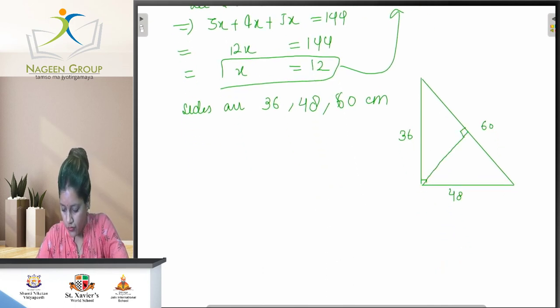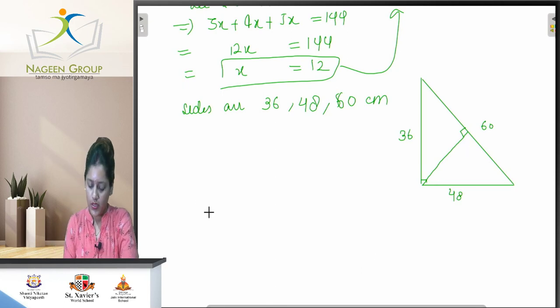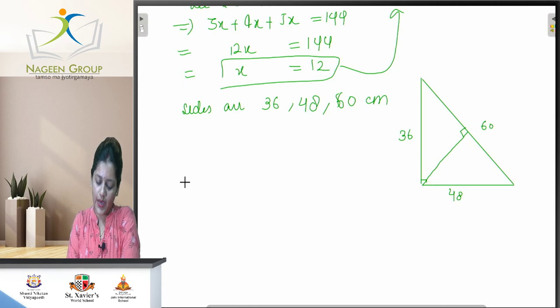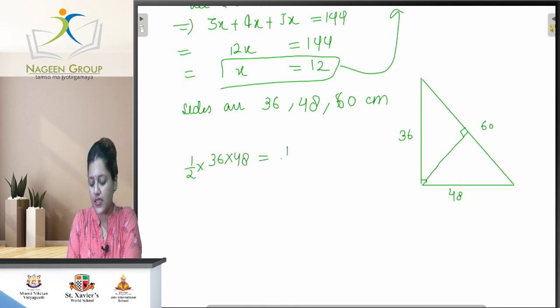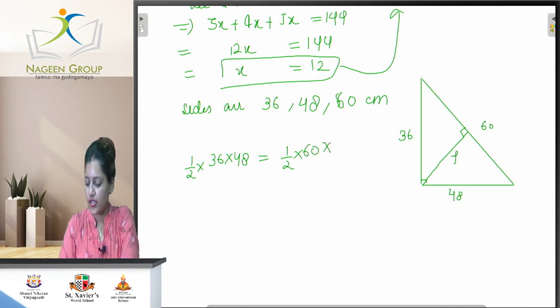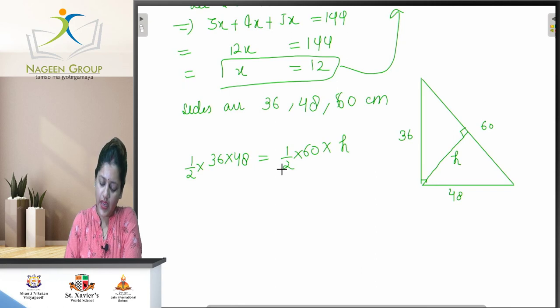First you have to solve it this way: half base, that is 36 into 48, is equal to half into another base. If we take 60 as the base and the height is h, then you have to solve this.